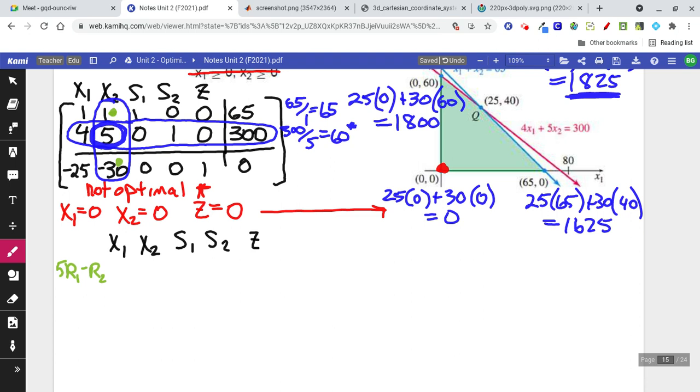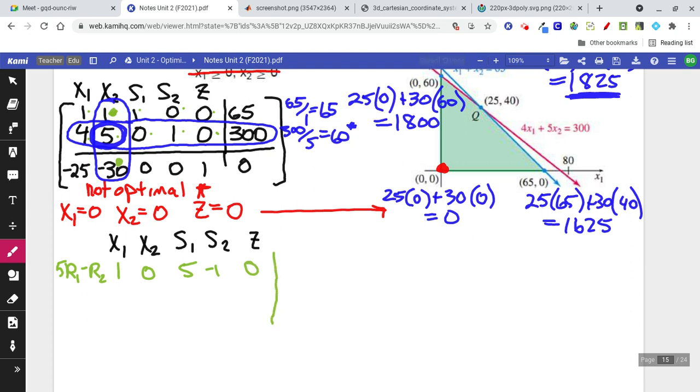So 5 of these minus this, that's going to be 5 minus 4 is 1. 5 of these minus this is going to be 0. 5 of these minus this is 5. 5 of these minus this is negative 1. 5 zeros minus 0 is 0.